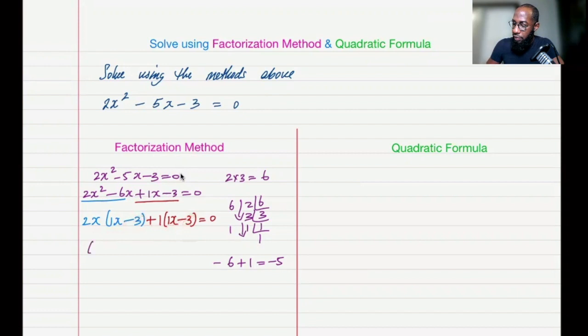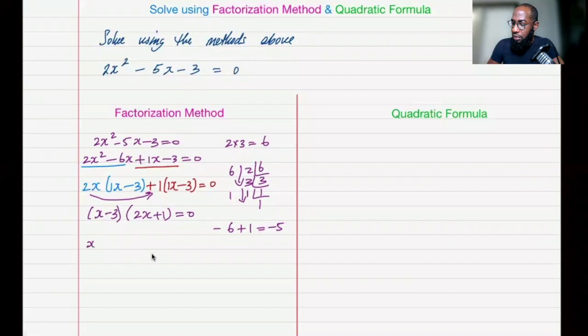So I have x minus 3, 2x plus 1. I group these 2 terms afterwards. All right, so let me say that over. When I pull out this term, which is x minus 3, we see 2x plus 1 remaining. That is what I put in the brackets here. Now remember, everything is equal to 0.